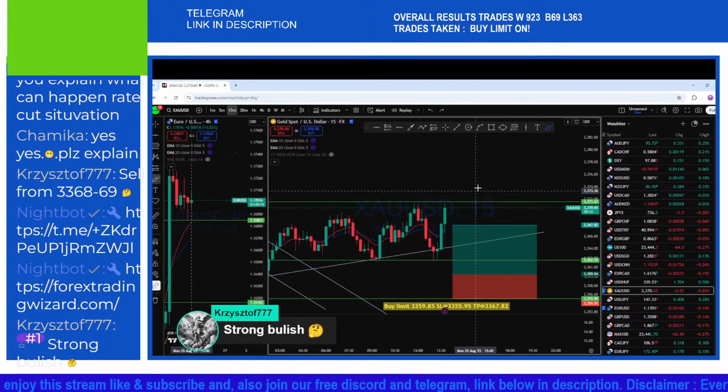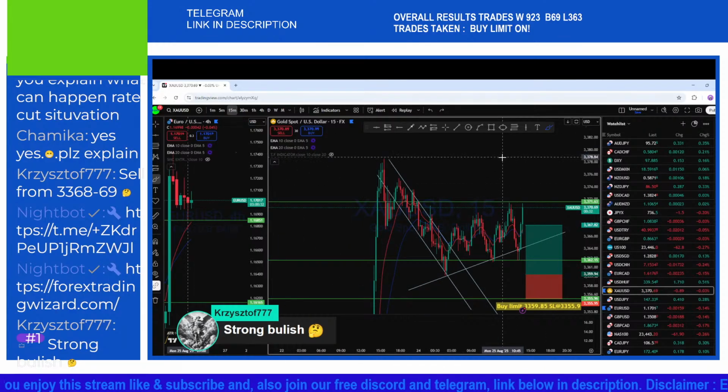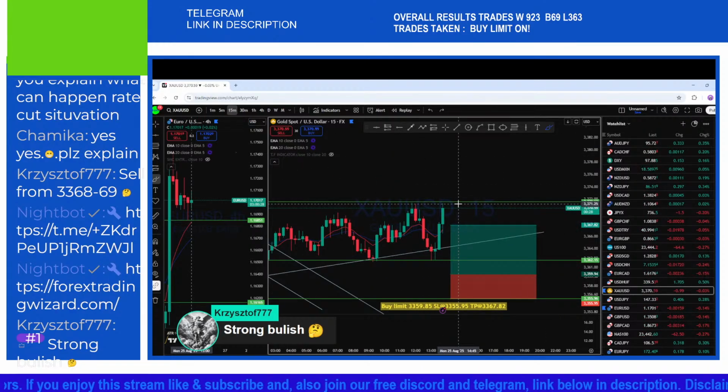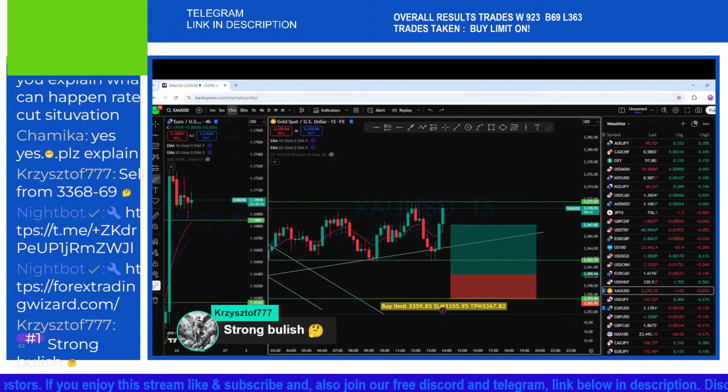Or it might just have a breakout and then go back here. Buying from a higher high is not a good idea here, because we need to buy from a very important zone in that area.